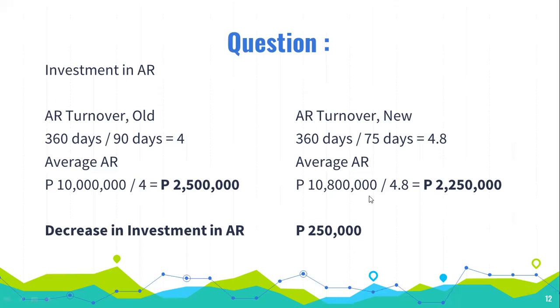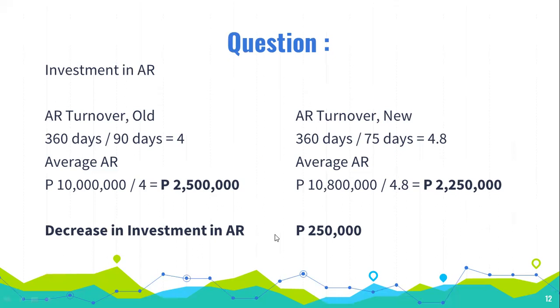So that will be 10,800,000 pesos divided by 4.8. Therefore, the average accounts receivable in the new policy is 2,250,000 pesos. As you can observe, the average accounts receivable decreased from 2,500,000 to 2,250,000 pesos. So there has been a decrease in investment in accounts receivable.